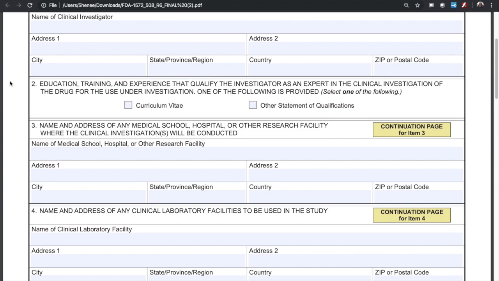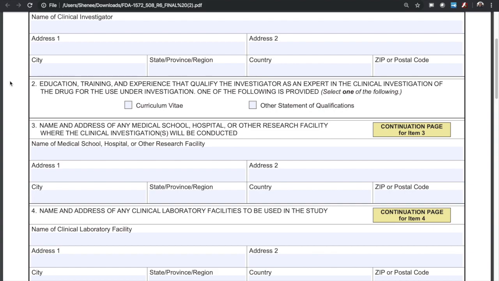If you're an MD, DO, whatever it is, you are an investigator. If you are the person that is performing the study-related procedures like vital signs, EKGs, lab draws, typically you will be titled the study coordinator, and patients who are being considered for the study that actually enroll into a study are considered subjects.